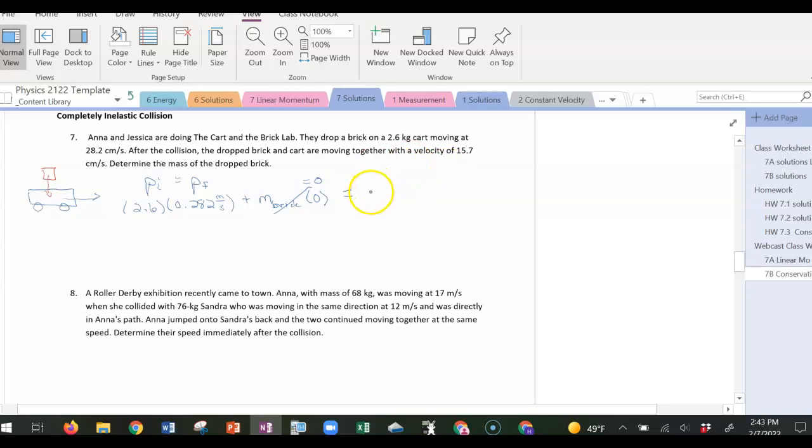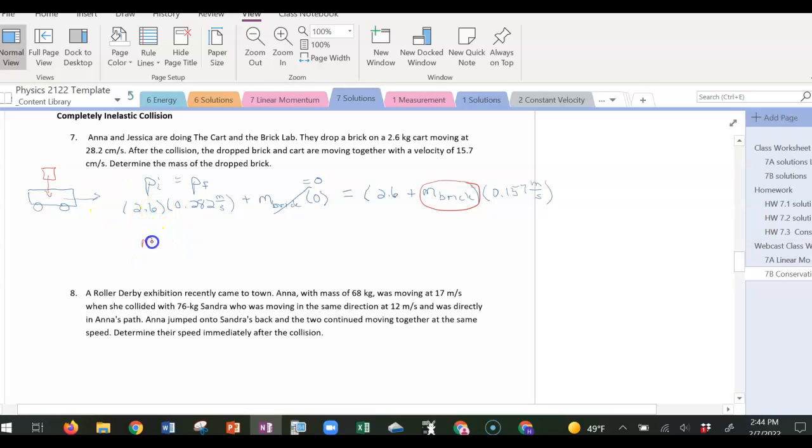And then that's going to equal the momentum at the end, which is their combined masses, the 2.6 kilograms for the cart plus the mass of the brick, times their final velocity, which is 15.7 centimeters per second or 0.157 meters per second. Okay, and so I am just solving for the mass of the brick.